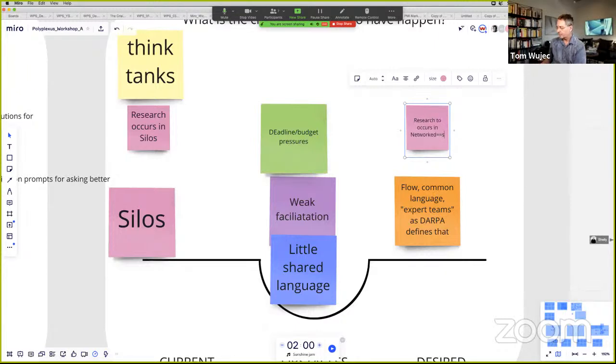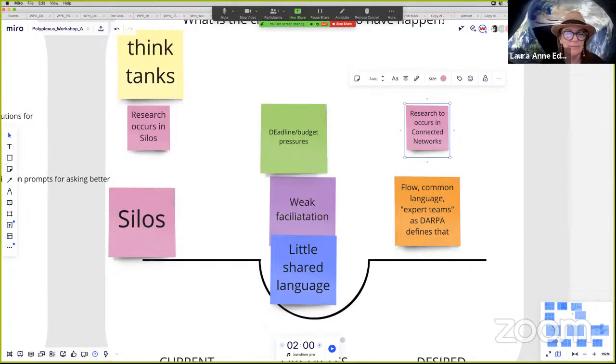Yes. Maybe we could say connected. What other adjectives might you use? Other than connected, open communication, aware. There's an awareness, a spatial awareness of the bigger project and teams.